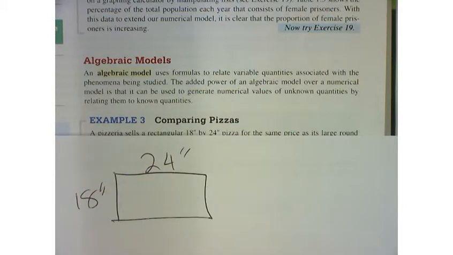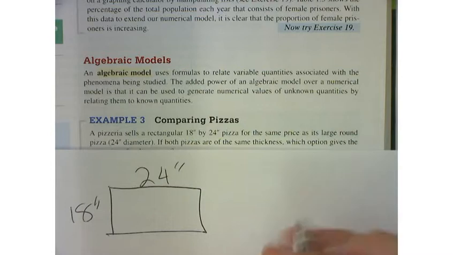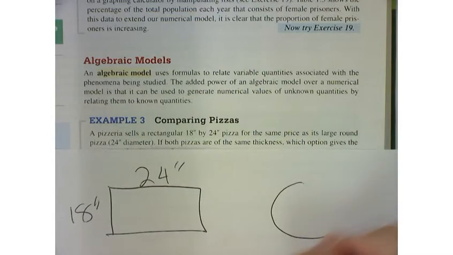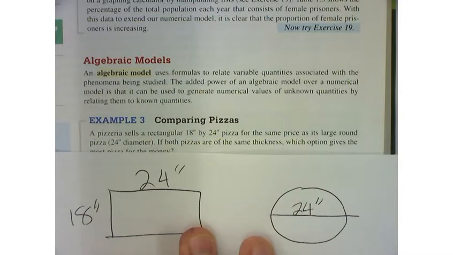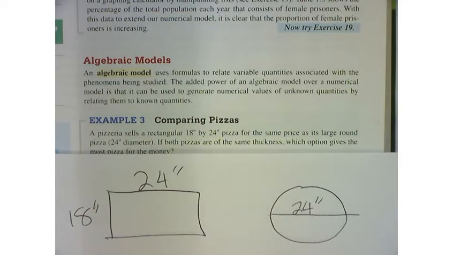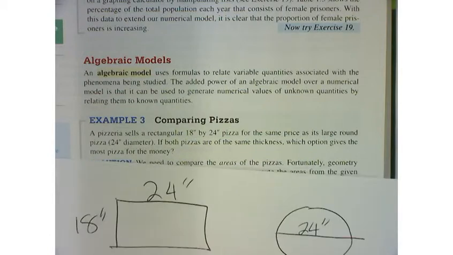And then it says it sells another large pizza that has a 24 inch diameter, and if both pizzas are the same thickness, which option gives you the most pizza for the money? So that's the question that we're asked.